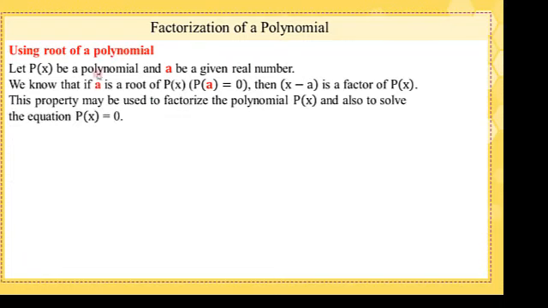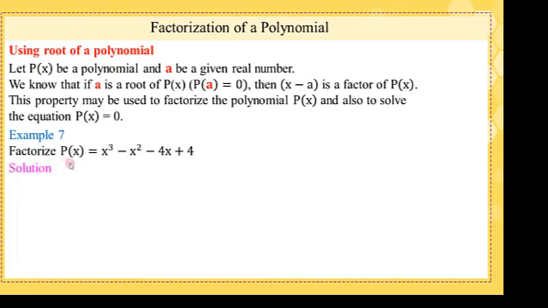Let P of X be a polynomial and A be a given real number. We know that if A is a root of P of X, P of A equal to 0, then X minus A is a factor of P of X. This property may be used to factorize the polynomial P of X and also to solve the equation P of X equal to 0.